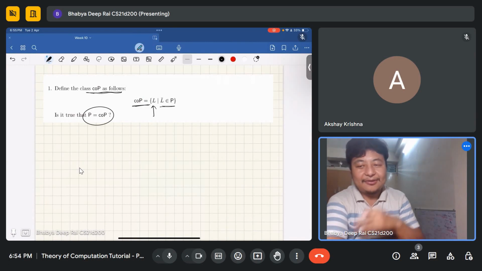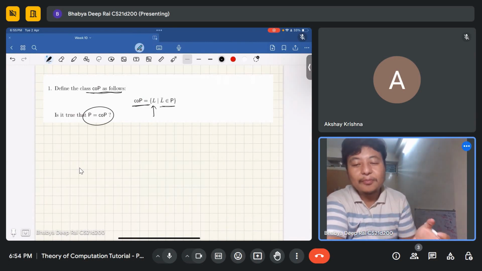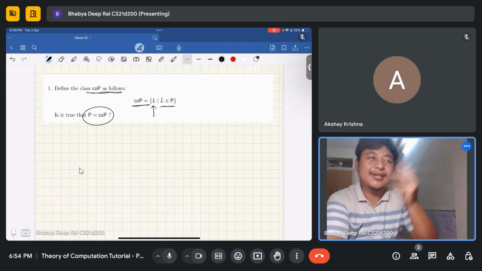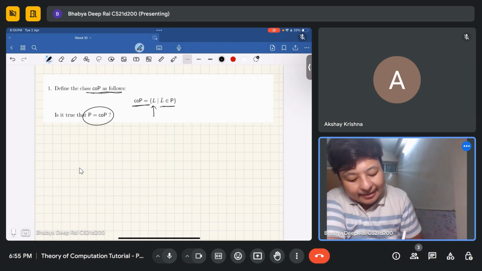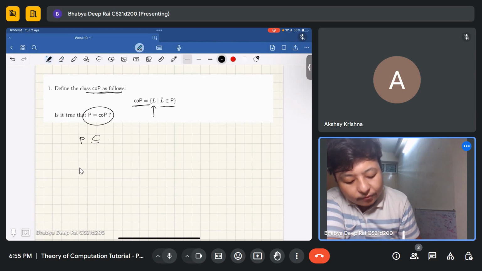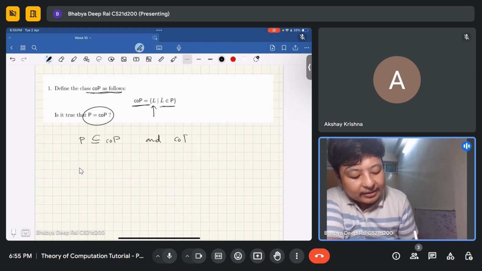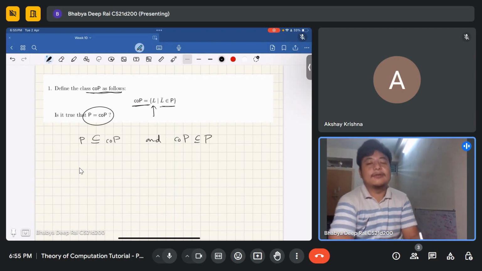The question is, is P equal to coP? But what does it mean that P is equal to coP? Let's look at that. That is, P is contained in coP and coP is contained in P. This is the meaning.